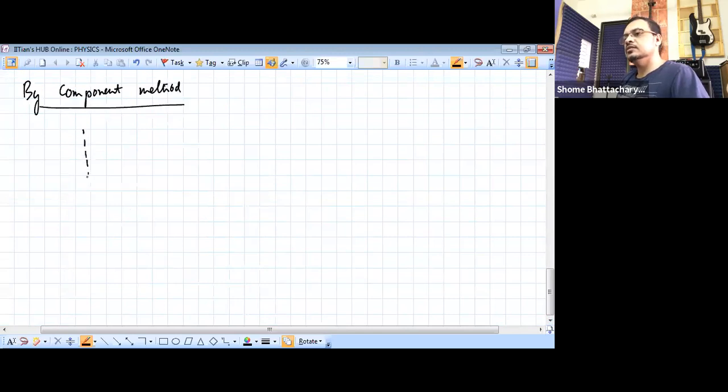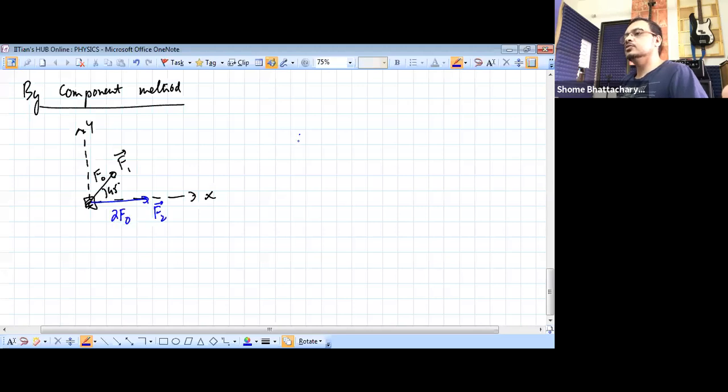So I could have said that when you are viewing that block from the top, see this is the horizontal xy plane. So your force F1 was acting like this at 45 degrees, and its magnitude was F0, and your force F2 was acting like this, its magnitude was 2F0.